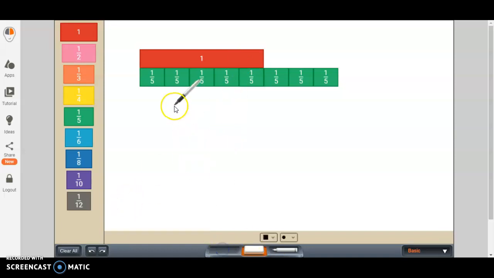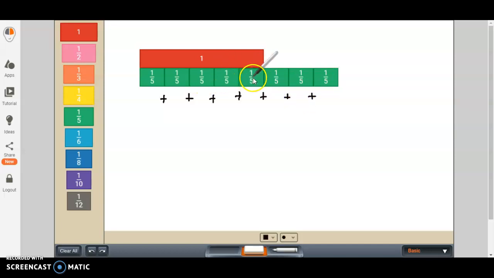So if I'm thinking about this, I'm doing 1/5 plus 1/5 plus 1/5, because I'm trying to combine all these fractions to find the total that I have.